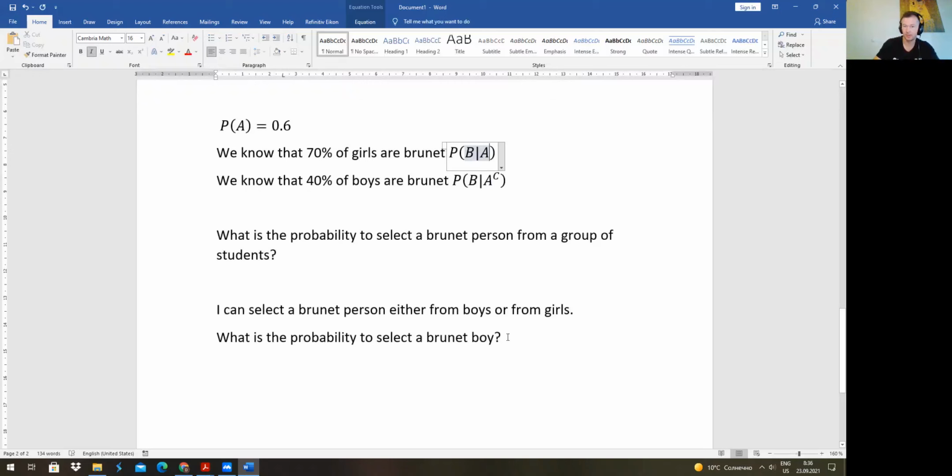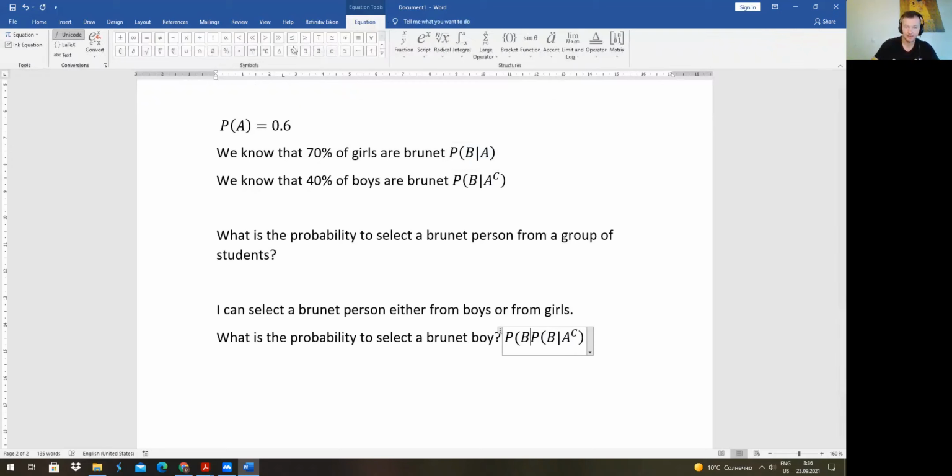So now, what is the probability to select a brunette boy? Formally, it's the probability of B intersection A complement.